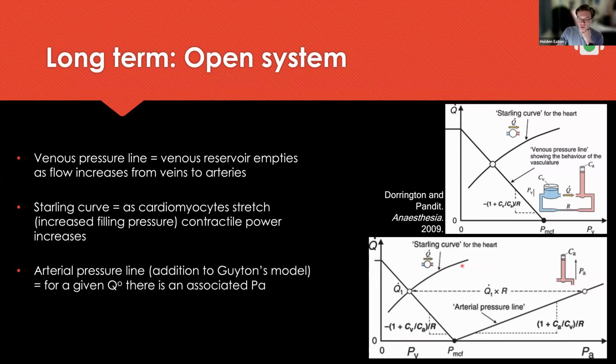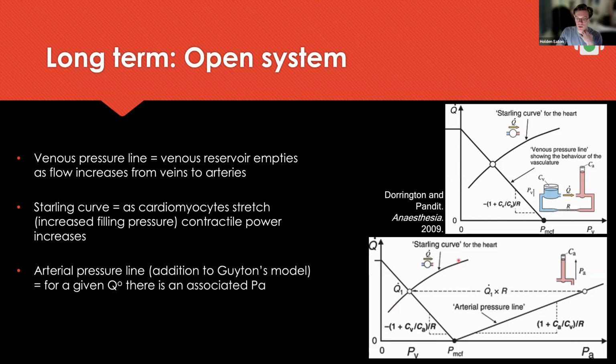Next, you have the Starling curve, which you'll see lots in cardiology. This shows that as preload in the heart increases, preload being the blood that fills the heart before contraction, which is a function of the pressure in the venous system, more pressure in the venous system leads to more preload, which stretches the cardiomyocyte more, and therefore means their contractile force is greater.